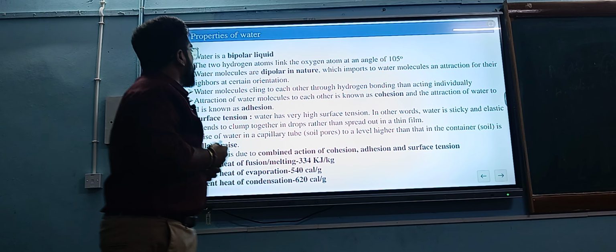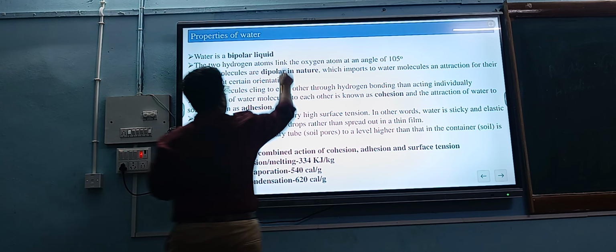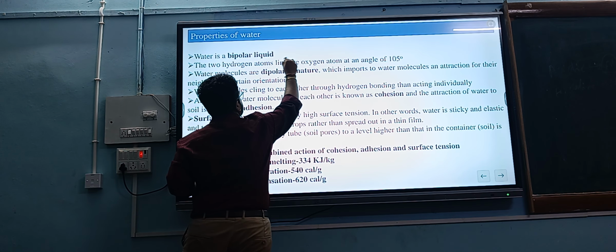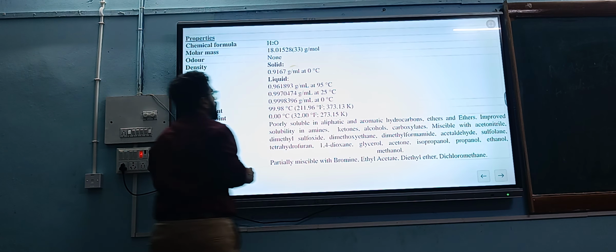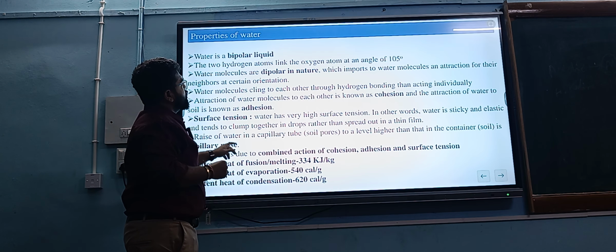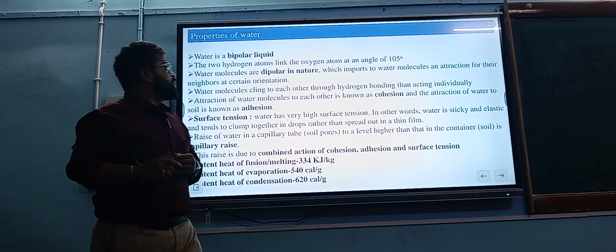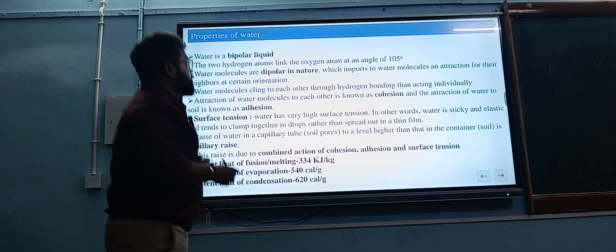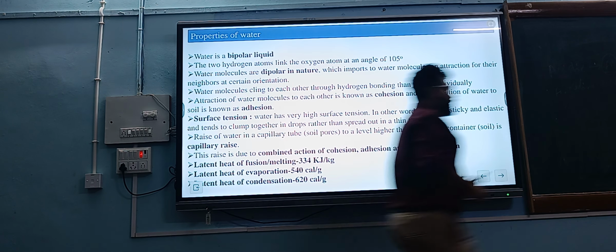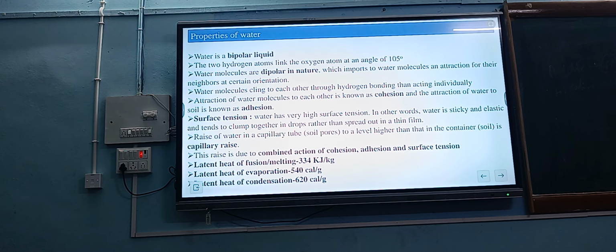It is bipolar in nature. It has two poles. H bonded with the O. The two hydrogen atoms link the oxygen atom at an angle of 105 degrees. This is very important from a competitive exam point of view.